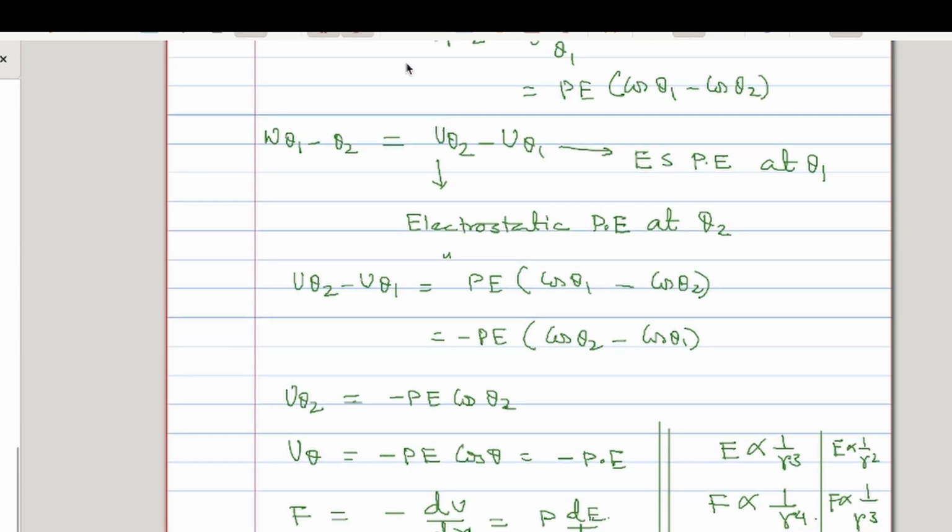So this is our discussion on electrostatic field part 1. Next we have to discuss the electrostatics 2. Now in electrostatic 1 we just learned.